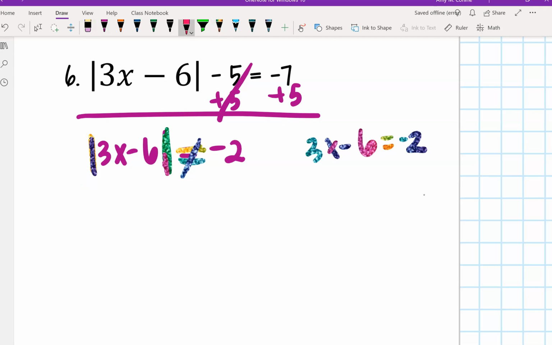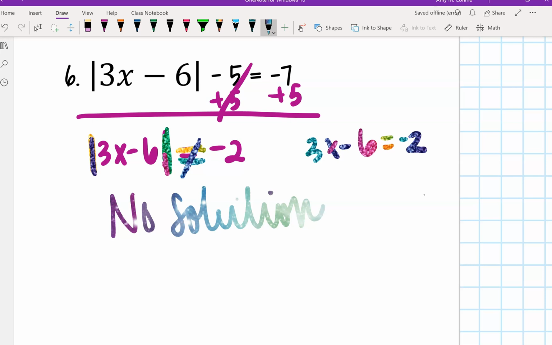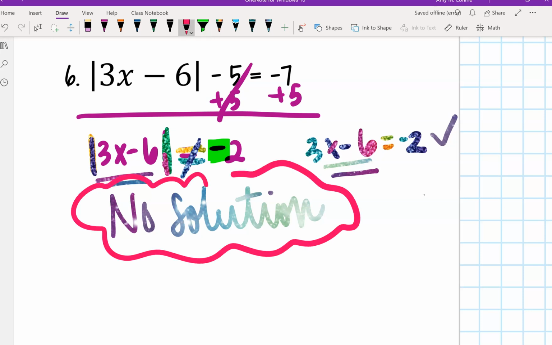So at this point, what you would say is no solution, because this absolute value symbol, with it still there, cannot equal a negative number. The equation inside can. You've seen that a million times. But the actual absolute value itself can't have this negative in front. So you're going to say no solution at this point, and that's your answer.